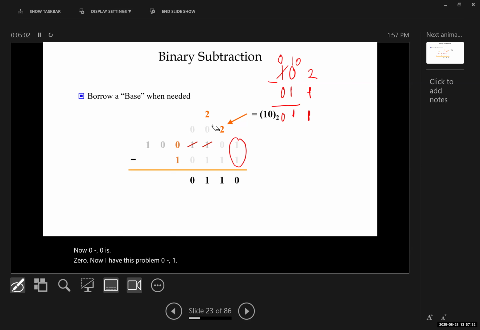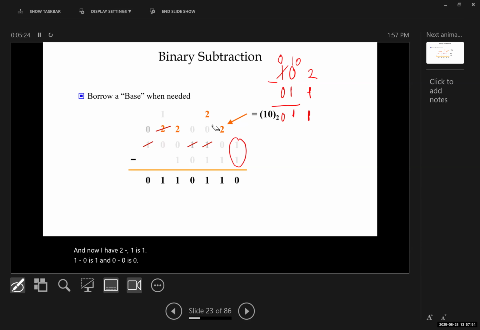I want to borrow from the next one on the left. Can I do that? No. Then I'm going to go to the next one. So that's going to be 2. And that, again, is going to be borrowed. It's going to be left with 1. And now I have 2 minus 1 is 1. 1 minus 0 is 1. And 0 minus 0 is 0.